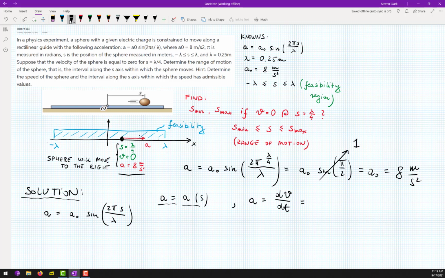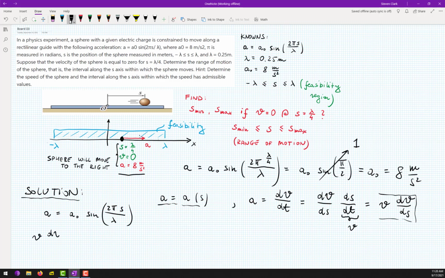I can take dv dt and multiply it by 1, but expressed in a smart way: ds in here and ds in here. I believe Professor Sonny did it in the lecture. And this is velocity, by the way. So instead of dv dt, we can use v dv ds when acceleration is a function of s. So let's do that.